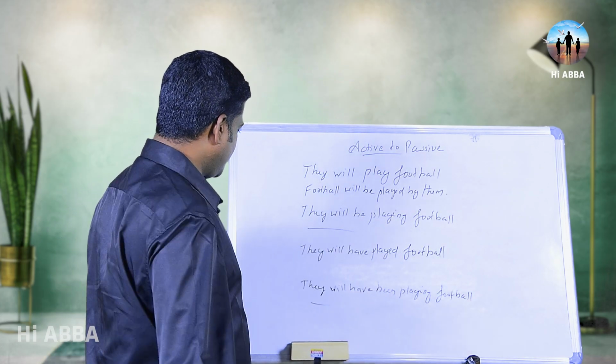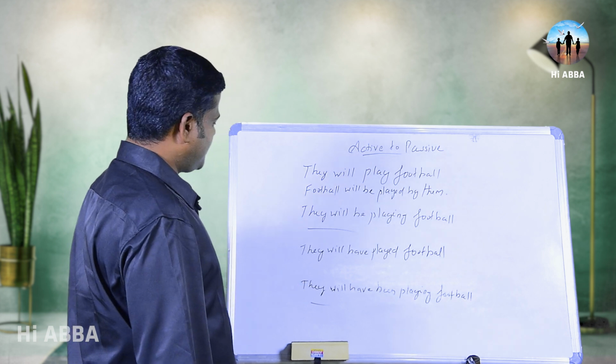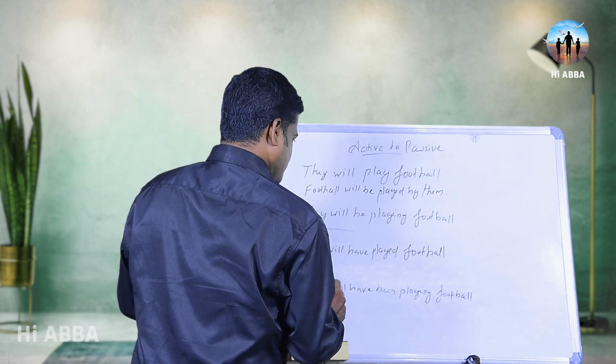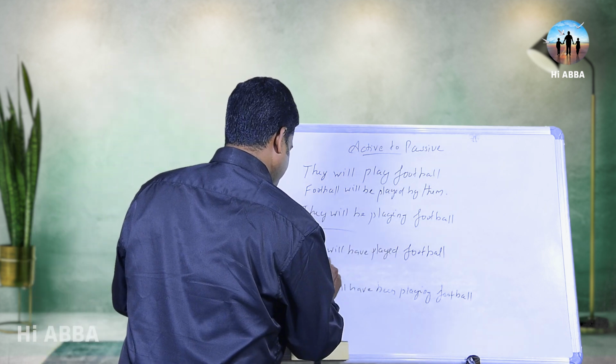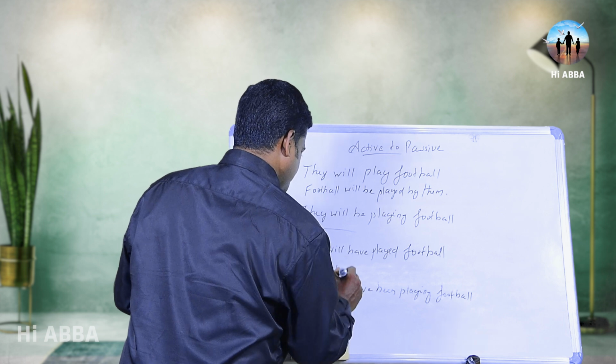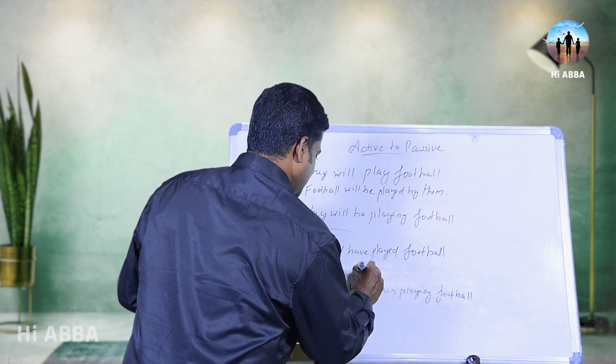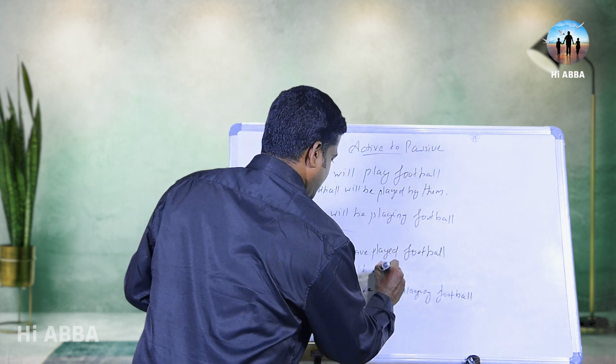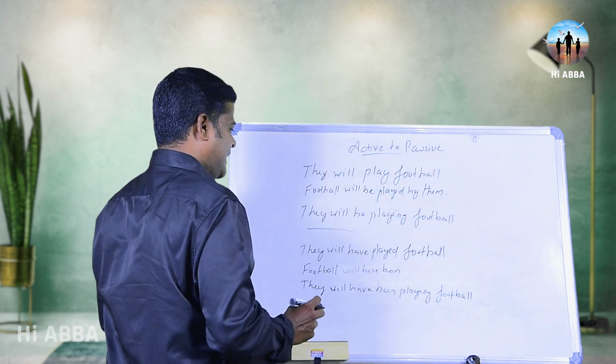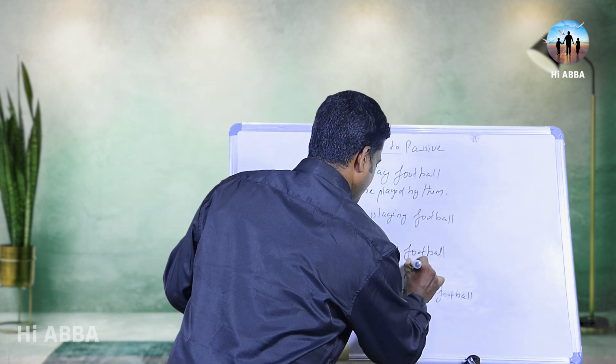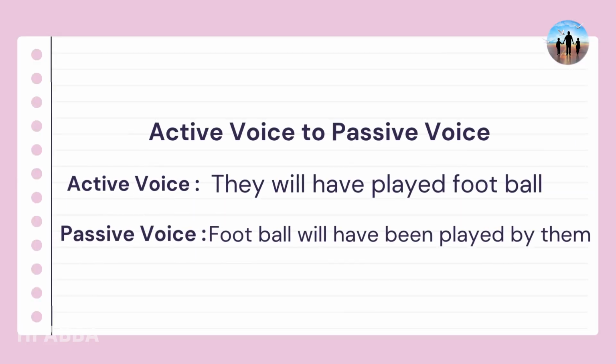Now again we move forward for this future perfect tense. We'll proceed now. Football will have, another extra be form, been, should be added. Then V3 of the verb, played by them.